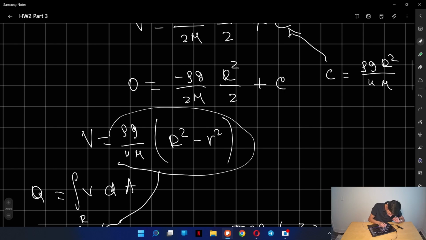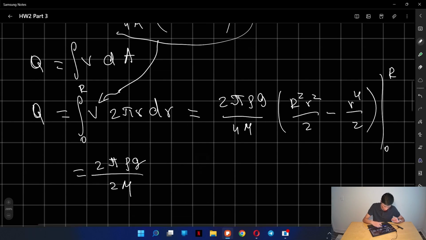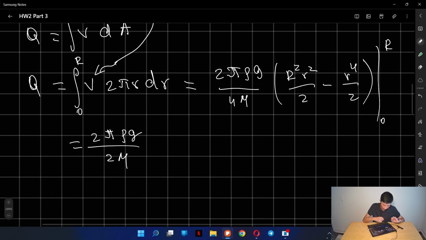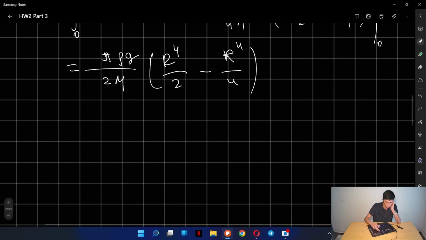So this thing is going to be 4. This is going to be 4. And so the equation we're going to have, this is going to get cancelled, so 2 times R squared minus R to the 4th, so this is also 4, this is R to the 4th over 4. Yes, so that's what we are going to have.